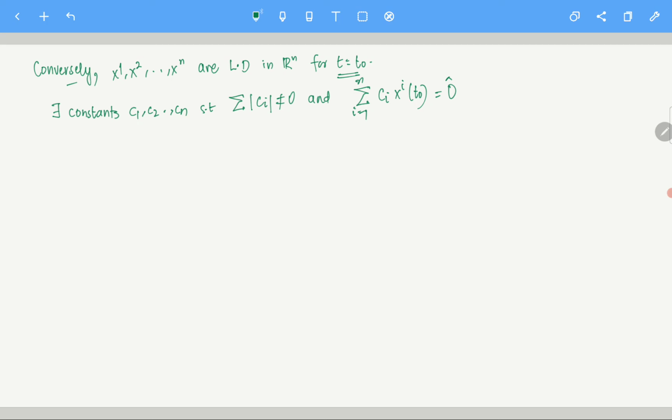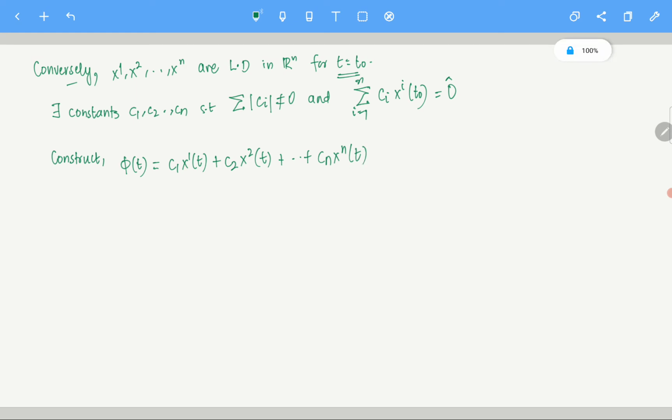If that is the case, you take all those ci's and construct φ(t), which is c1 x1(t) plus c2 x2(t) plus ... plus cn xn(t). So we construct a new function like this.